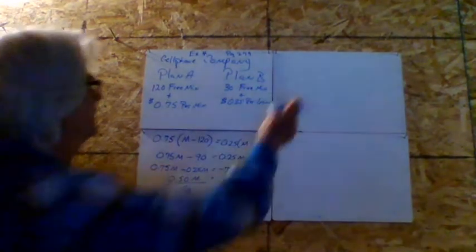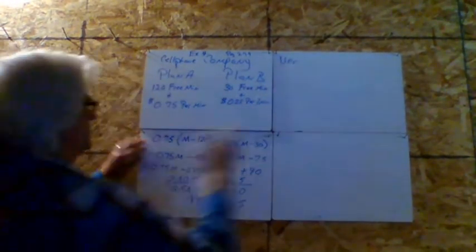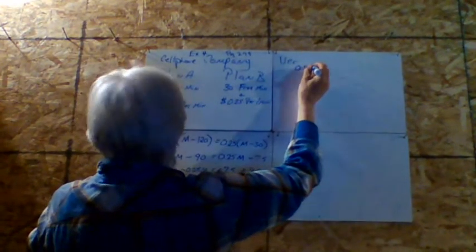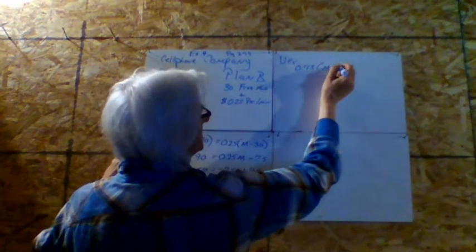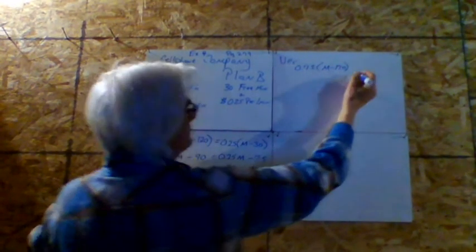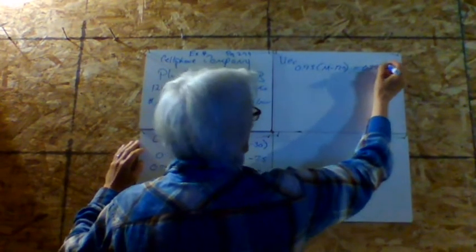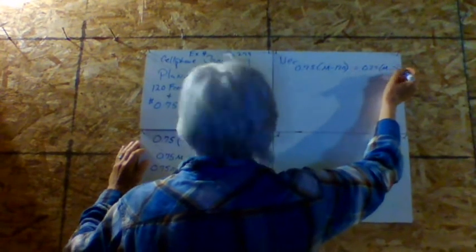I'll verify it over here. Just rewrite down my equation. 0.75 m minus 120 equals 0.25 m minus 30.